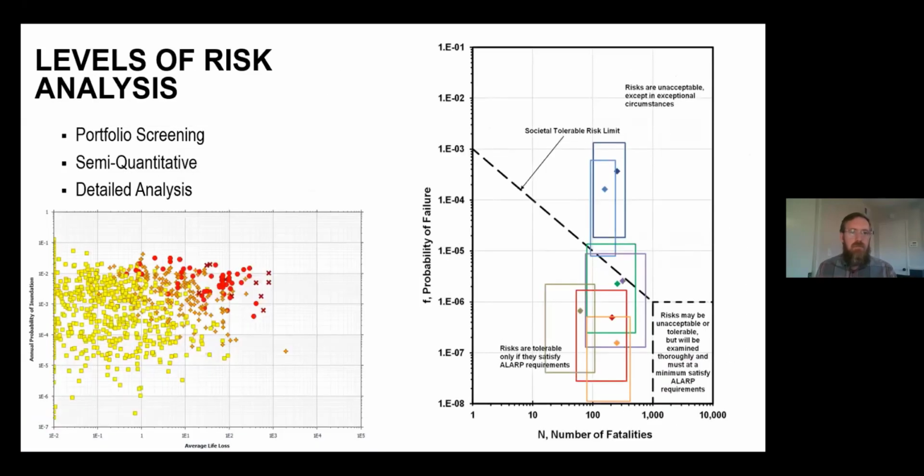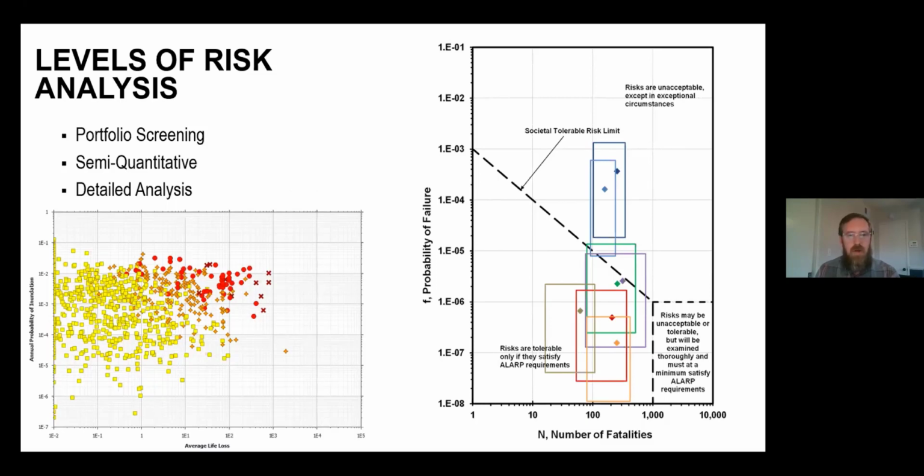There's also a range of the levels of risk analyses that we need to be aware of. You may have a portfolio screening, which is a really quick and dirty kind of estimate of the risk. Example here in the lower left of a levee screening for the Corps. The next level of that is a semi-quantitative risk assessment, which goes into significantly more detail and tries to understand the probability of failure of a structure in particular.